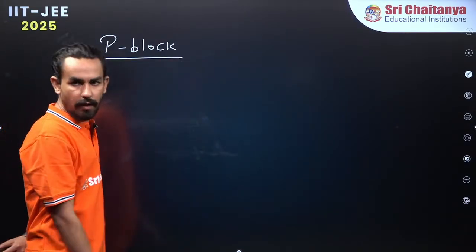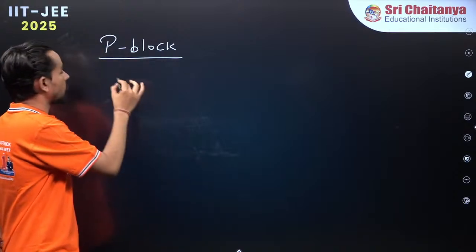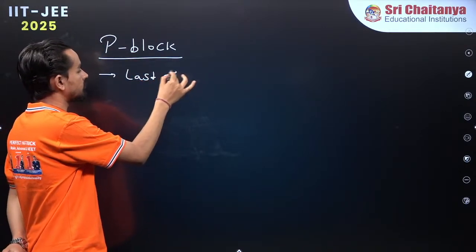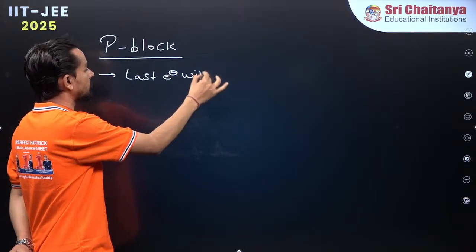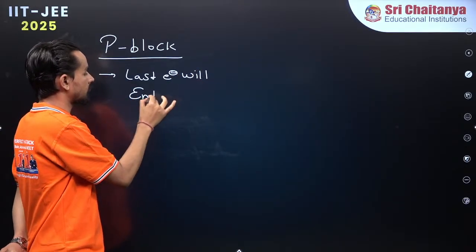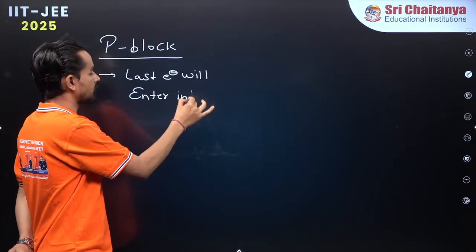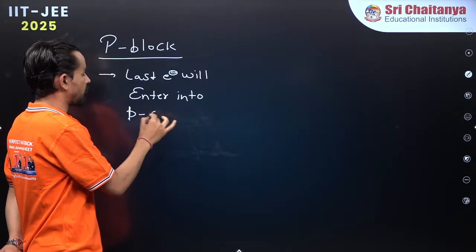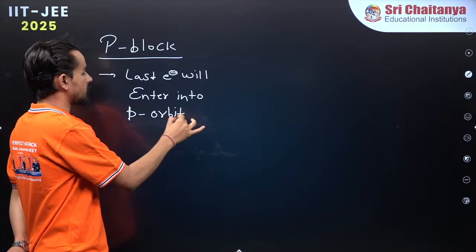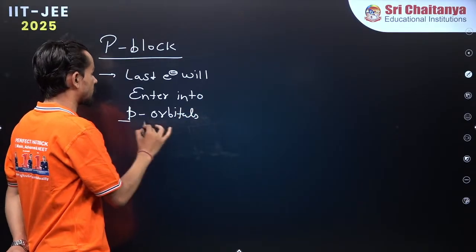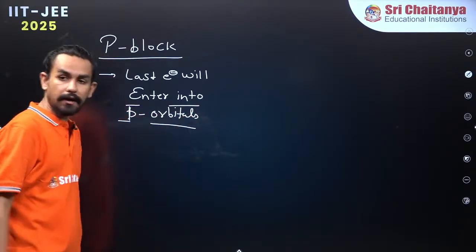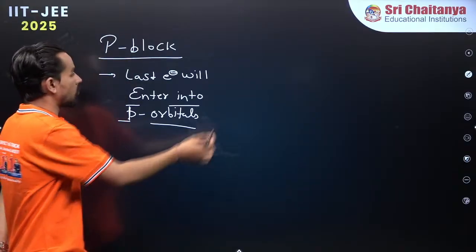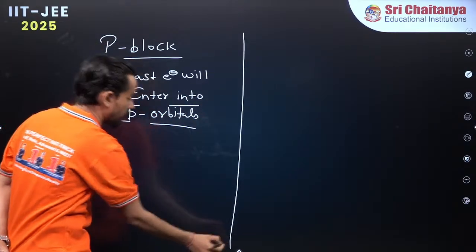What we can say about p block is, first of all, their last electron will enter into a p orbital. That means its last filled subshell will be a p subshell, and the last filled orbital will be a p orbital.